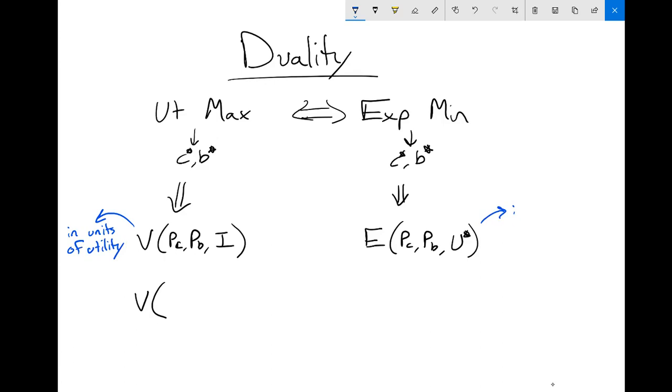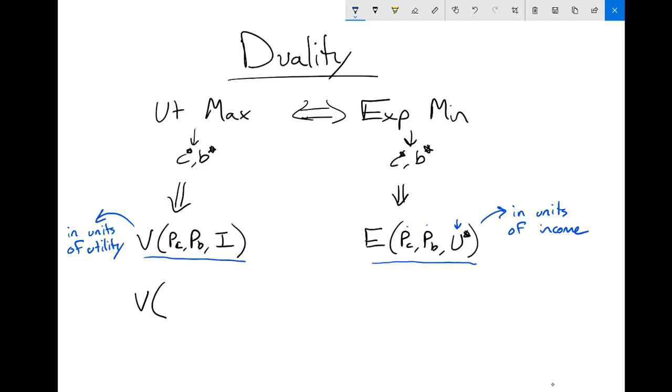This is in units of income. Okay, so this function tells us how much utility we derive given these parameters. This function tells us how much we have to spend in order to achieve this level of utility given these parameters. This is how much we're going to spend. This is how much utility we get.